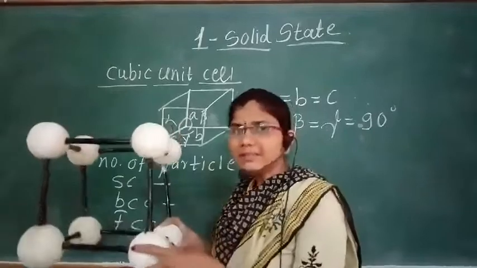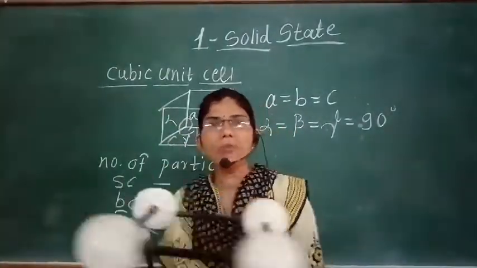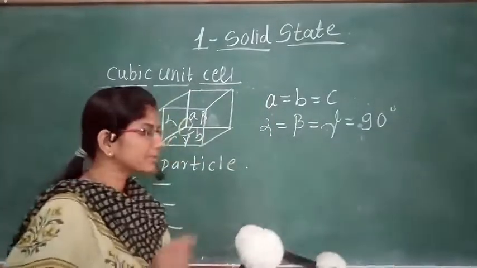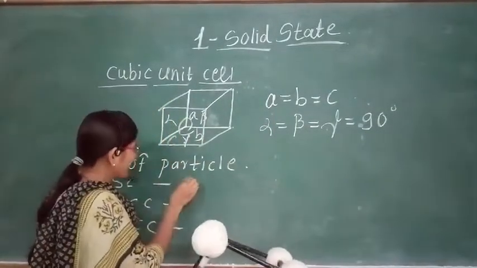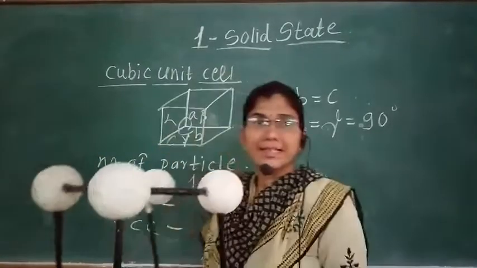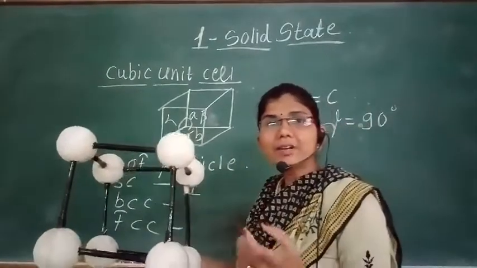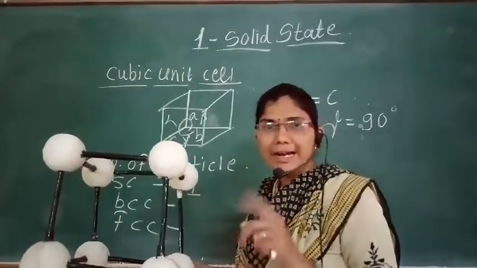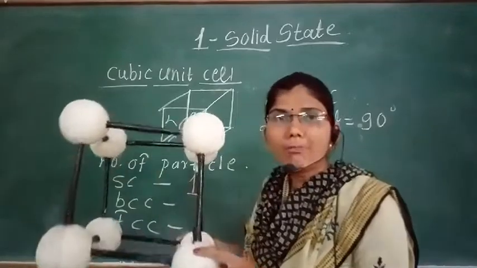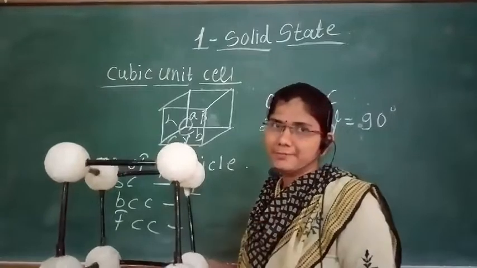So how many particles does a simple or primitive cubic unit cell have? It has only 1 particle, because there are 8 corners and in each corner only the 1/8 part is involved, and therefore the number of particles per simple cubic unit cell is only 1.